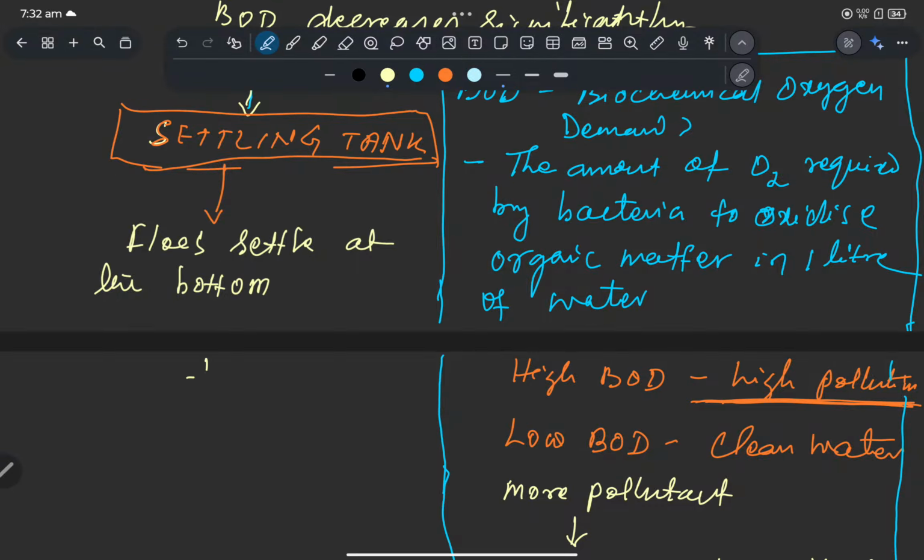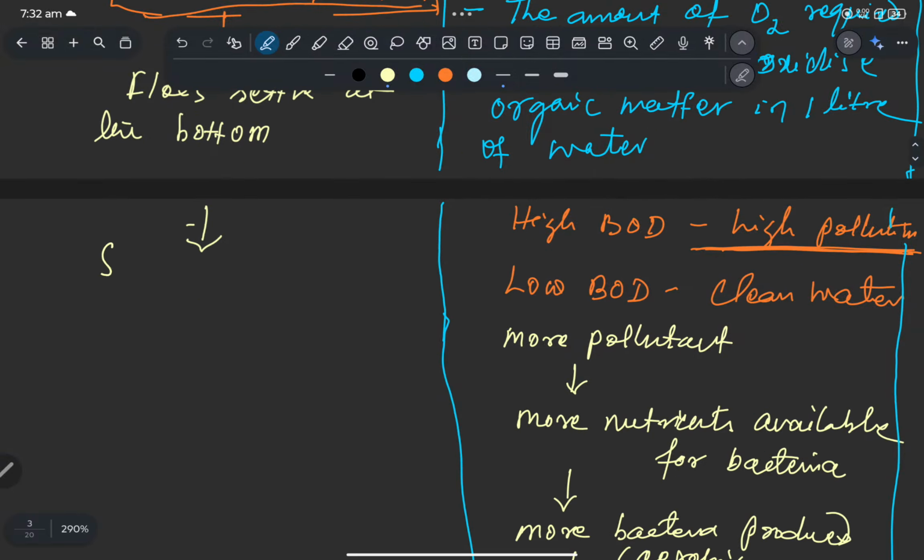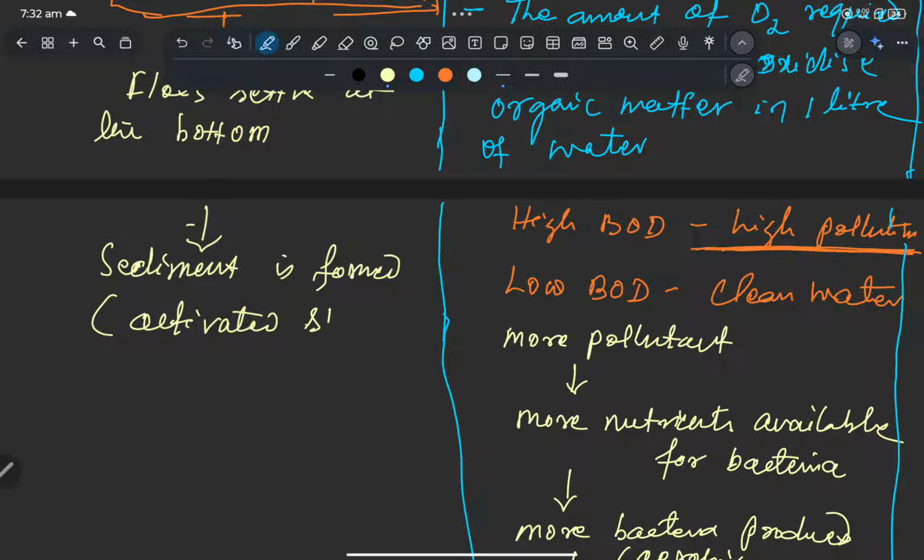As a result, sediment is formed, and this sediment is called activated sludge.